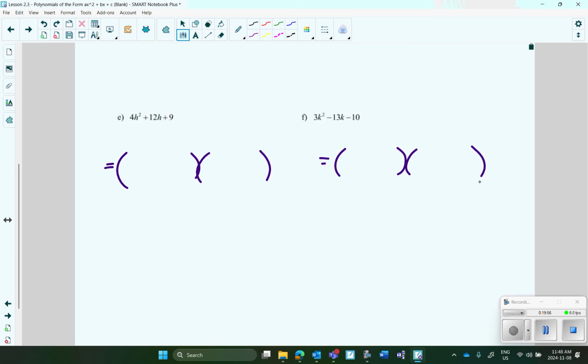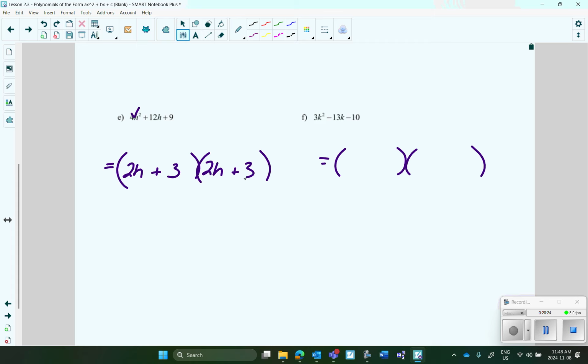So right away, it's going to be those. There's two possible choices for two expressions that multiply and get this, right? Which ones are you going to try first? 2h and 2h, because more than likely that's going to be the one. Everything's plus, so these got to be plus. 3 and 3.